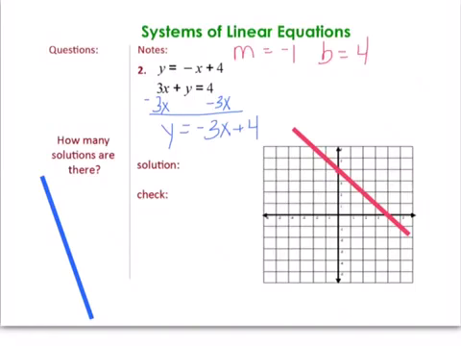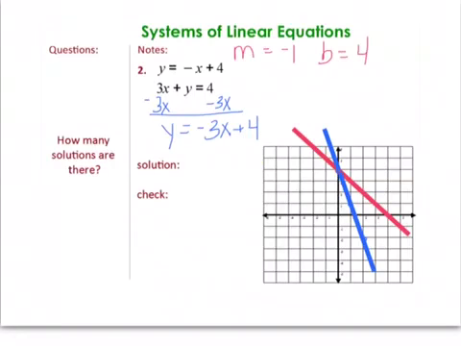So I come up to positive 4. I do a dot. Now I go down 3 over 1, down 3 over 1. And if I connect those with my blue line, that's the line I'm going to get.